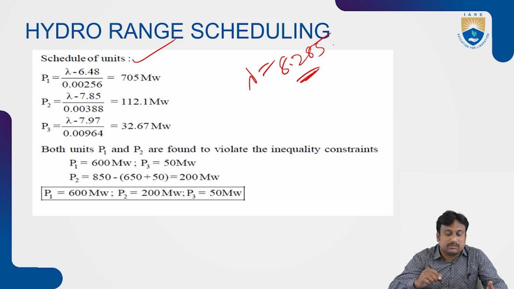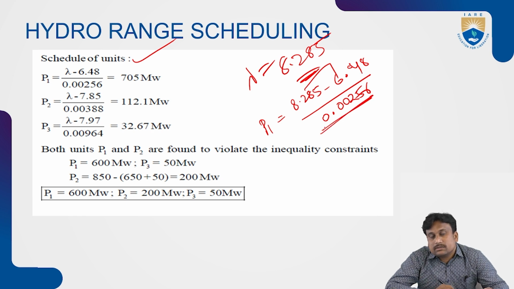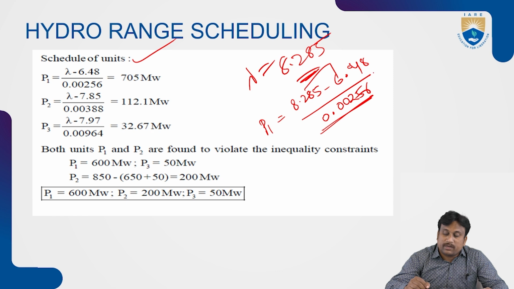For example, in the case of P1, P1 is 8.285 minus 6.48 divided by 0.00256. So subtract these and divide by 0.00256. Then we obtain a value of 705 megawatts.